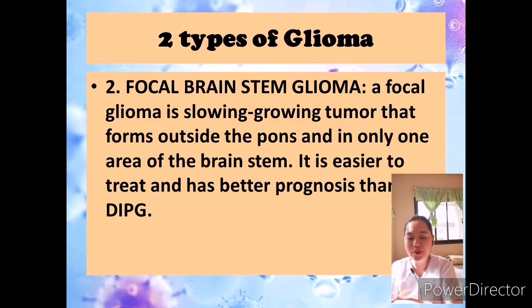But in this focal brainstem glioma, the tumor forms outside the pons and in only one area of the brainstem. So the tumor is localized. It doesn't spread to other parts of the brain, but stays in one place, and it is easier to treat and has a better prognosis than the DIPG.